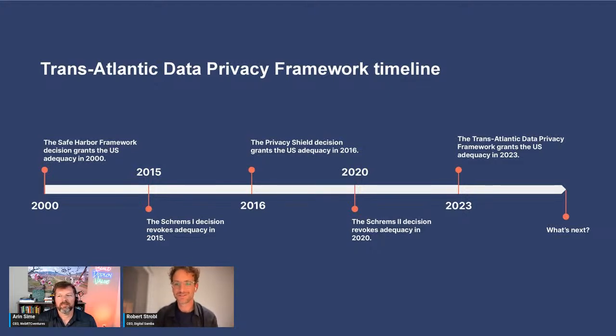So if we just go through this timeline together really quick, you'll see that this has been going on since about the year 2000. So that's 23 years now. The first decision was made in 2000, where the Safe Harbor Framework decision granted the US adequacy. And then a few things happened.